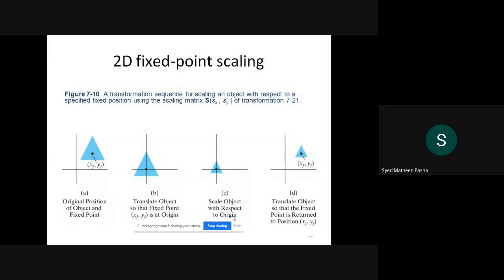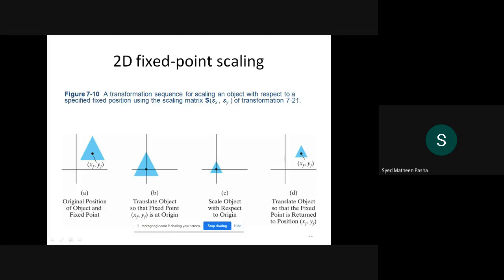Then we saw something called 2D fixed point scaling, which is similar to pivot point scaling, where we also produce a two-dimensional scaling with respect to some selected point, whereas we had a function that scales relative to the coordinate origin only.